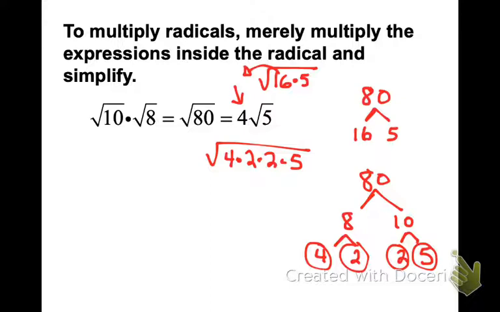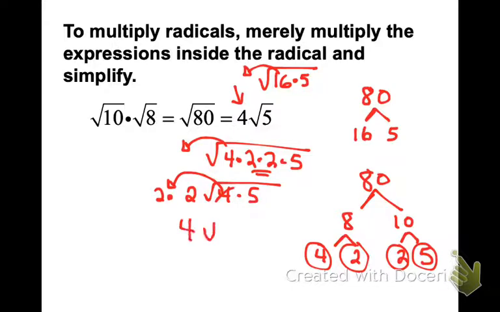You could go all the way to prime factorization, but I stopped at the 4 because the square root of 4 would be a 2. Then I have 4 times 5, and that would be another 2. And we get 4 square root 5. So even if you don't start off with the best factorization at the beginning, eventually you can get to the same answer.